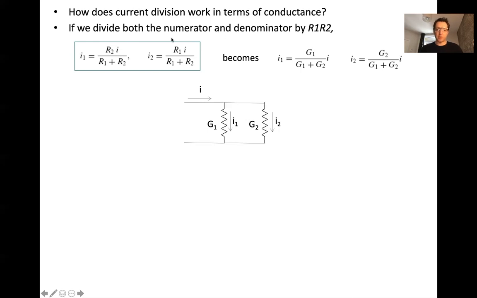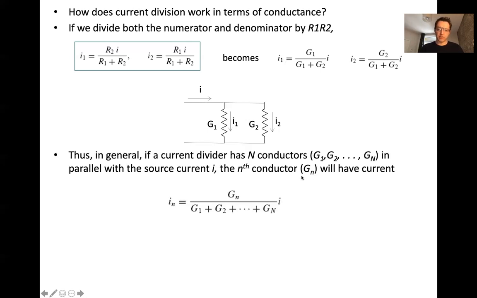Now, if you multiply both top and bottom by R1 times R2, you get the following equations, namely I1 is equal to G1 over G1 plus G2 times I, and I2 is equal to G2 over G1 plus G2 times I. So this looks a lot like voltage division in that the bigger the conductance, the more current it draws.